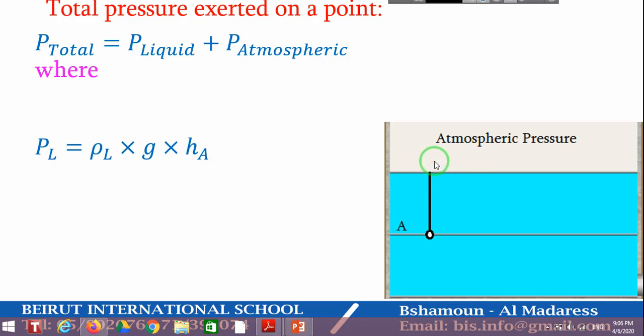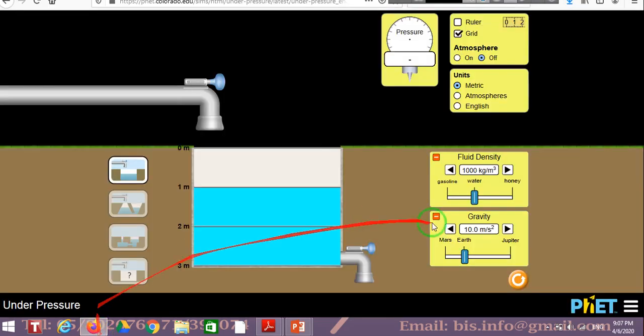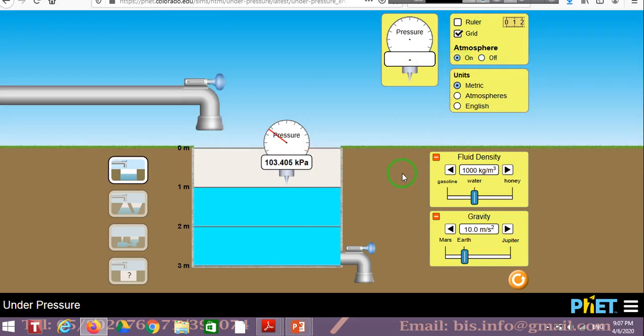Let's see this simple experiment. Okay, previously I mentioned that the atmospheric pressure here is off. What if the atmospheric pressure is on? You can see that the pressure at the surface of liquid changes from 0 to 103,405 Pascal.